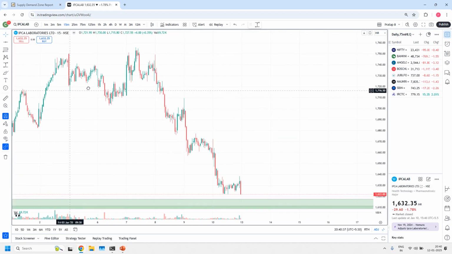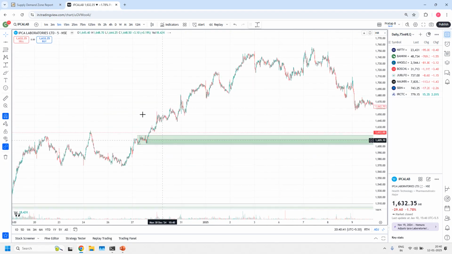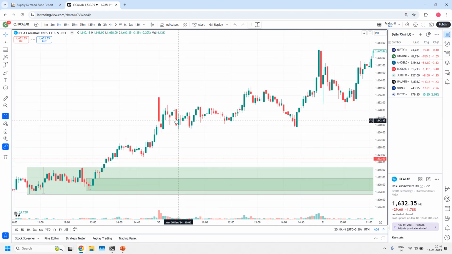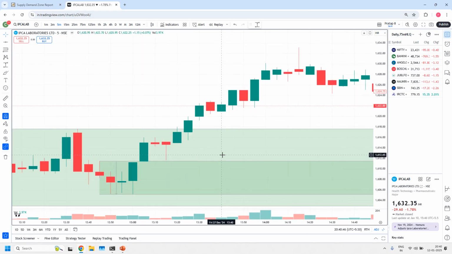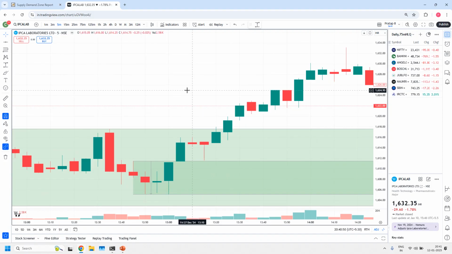This 15 minute zone we should fine tune with the 5 minutes time frame. I'm going to the 5 minutes time frame. Let me check if any fine tuned 5 minute zone is available here. Okay, here.